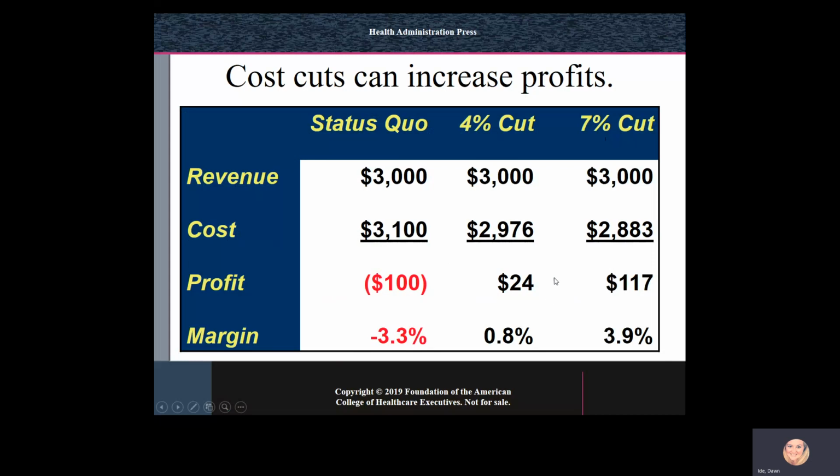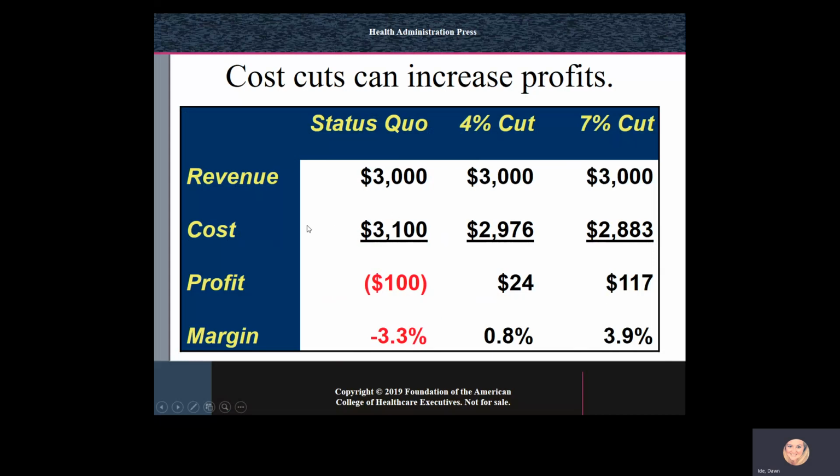Now we have a $24 profit because 2,976 and 3,000 equals $24, right? And then our margin is 0.8%. Not great, but it's better than it was. At a 7% cost cut, we go from 3,100 to 2,883, and then we see a $117 profit, and now we're at a 3.9% margin.